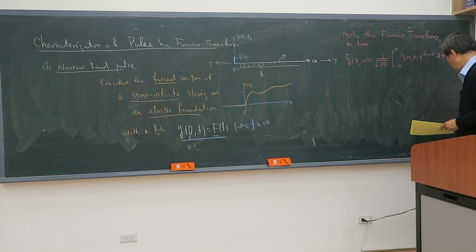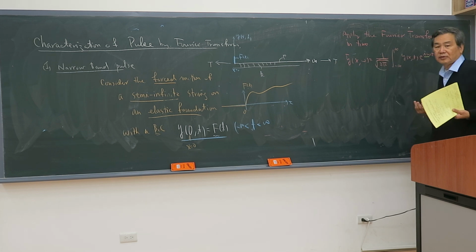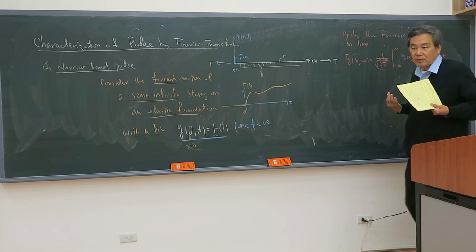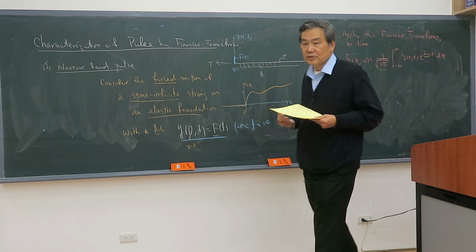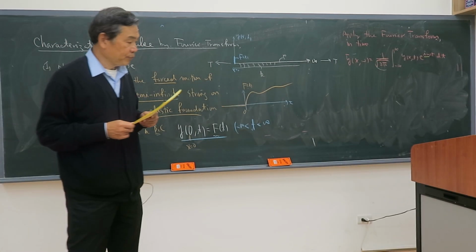Okay? No matter whether you like to use the minus sign for the forward Fourier transform, it's quite up to you. And the prefactor can be nothing, or 2 pi, or 1, depending on what kind of inverse form you define. Right?